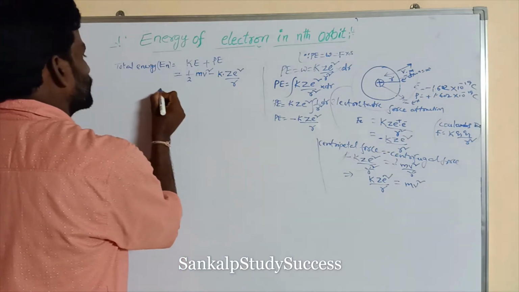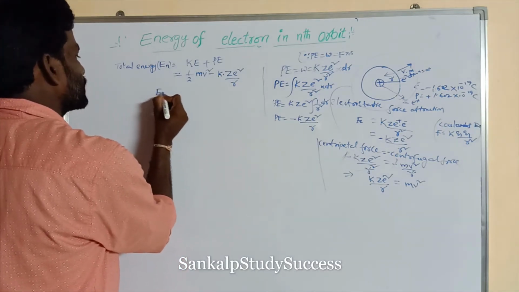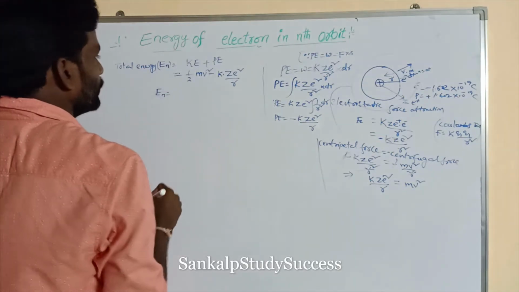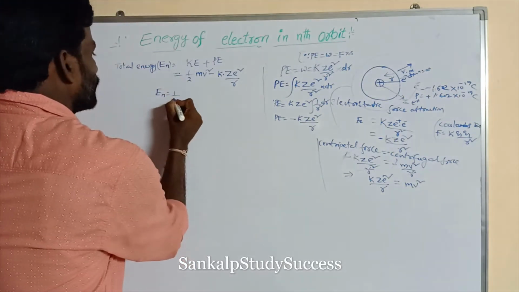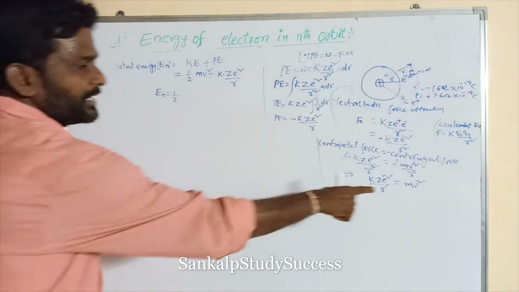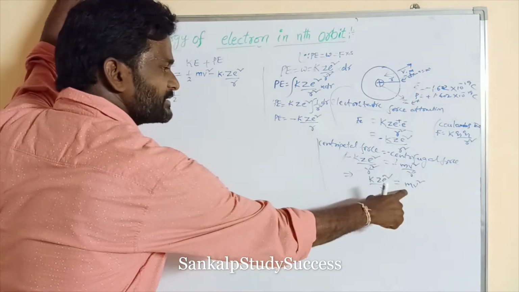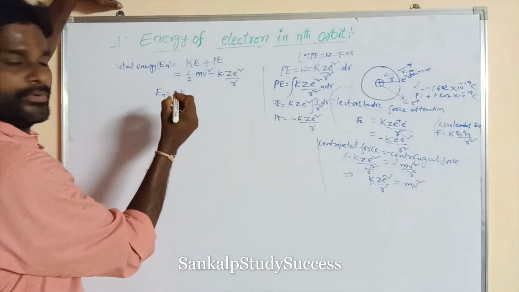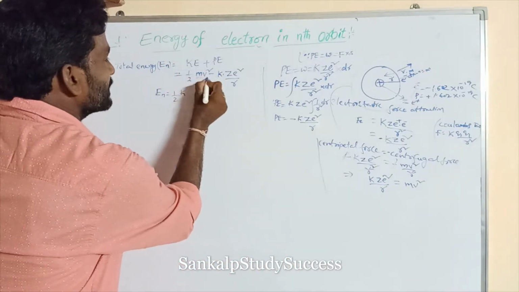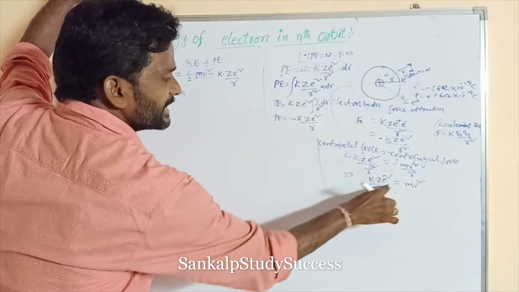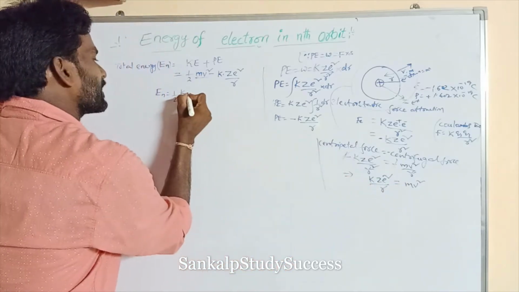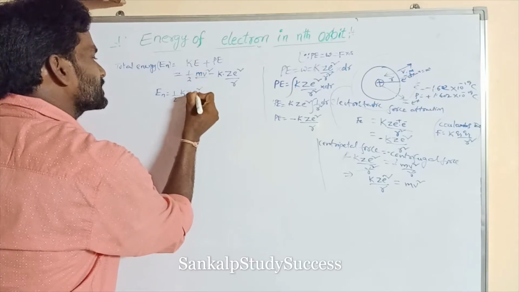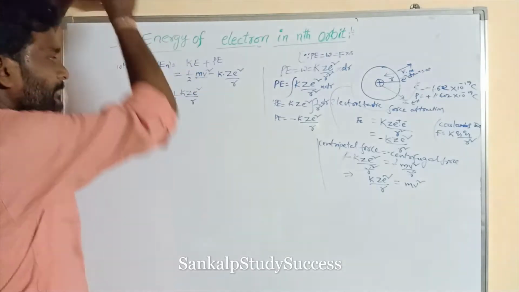Now En is the total energy of the electron in the nth orbit. En is equal to half of mv square plus potential energy. What is the value of mv square? mv square is equal to k into z e square by r. So En is half of k z e square by r minus k z e square by r.